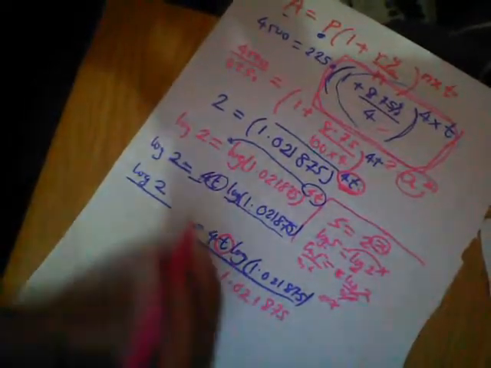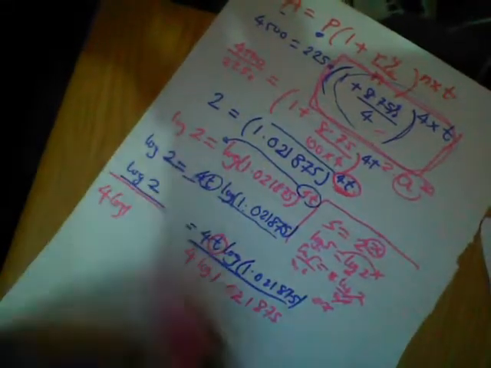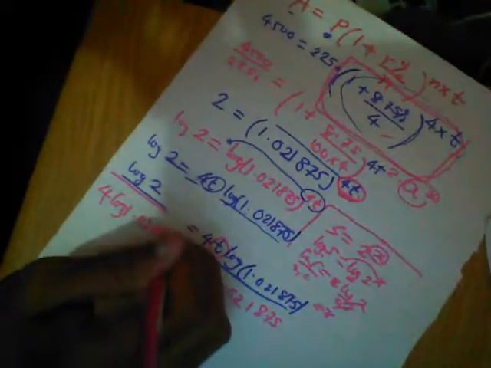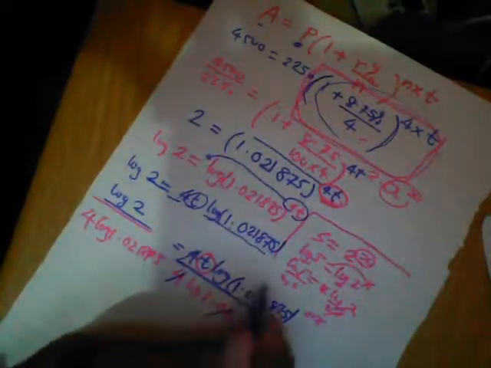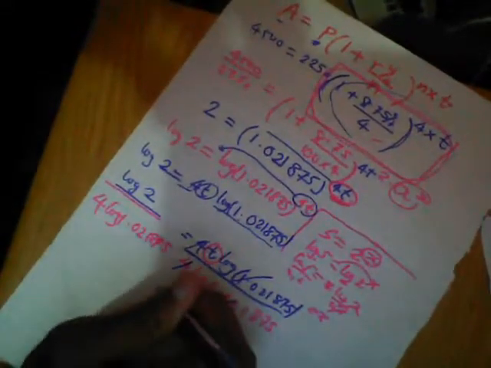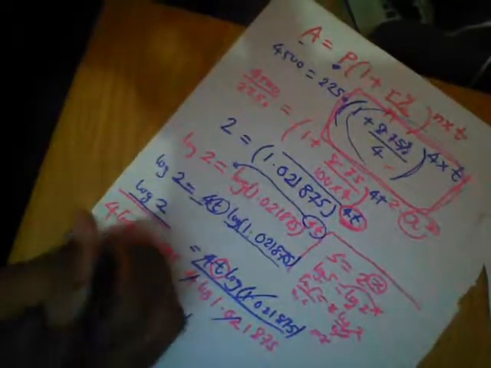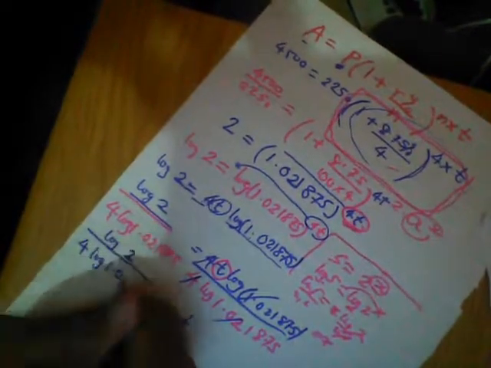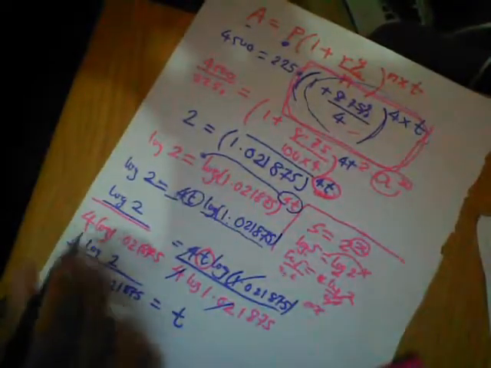So divide this side and this side by 4 log of 1.02187.5. This and this cancel, this and this cancel. So you're only left with T equal to log of 2 in the numerator, and 4 log of 1.02187.5 in the denominator.